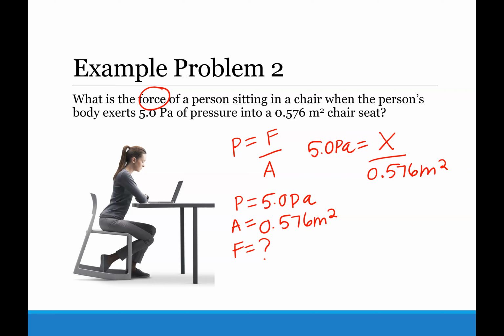To get X by itself, we have to multiply by 0.576 meters squared so that it cancels, since there was a division bar on this side of the equation. And so in your calculator, you should simply type 5 times 0.576. And that equals 2.88 newtons.